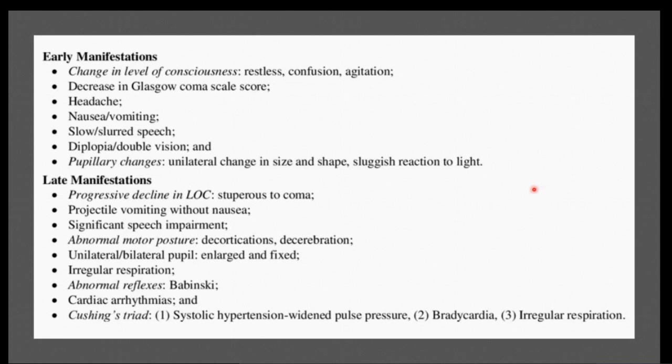And these progress, as you discussed on Sunday with Dr. Salem, to motor postures, decortication, decerebration, and then we may get fixed non-dilated pupils, irregular respiration, cardiac arrhythmias, and lastly, a very late manifestation of severe brain edema, which is the Cushing triad: systolic hypertension with bradycardia and irregular respiration.